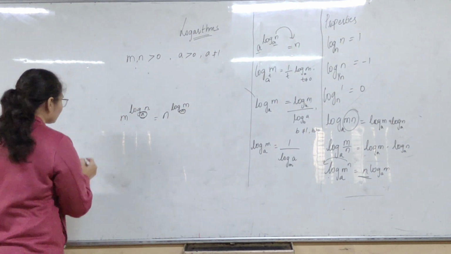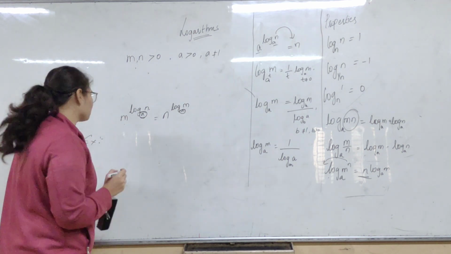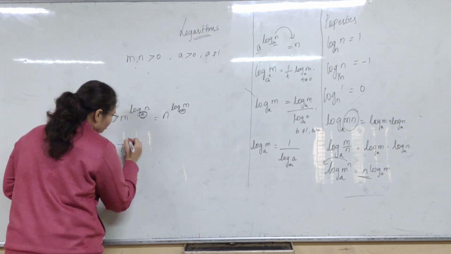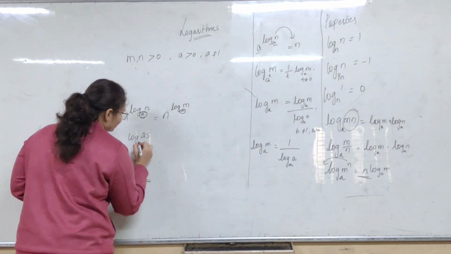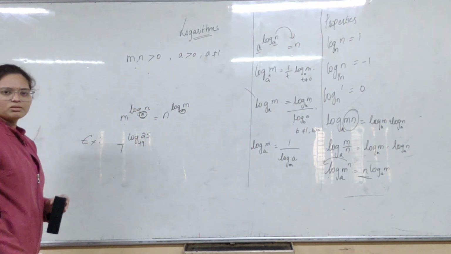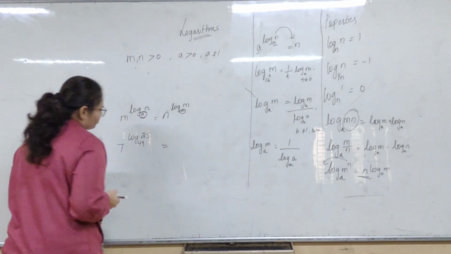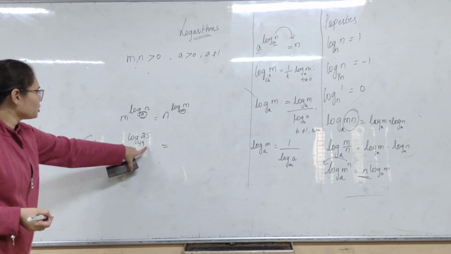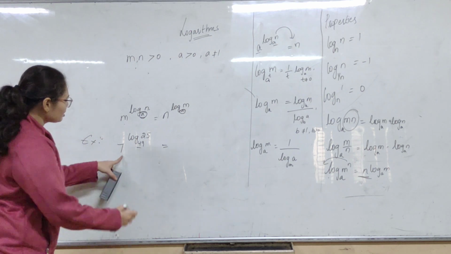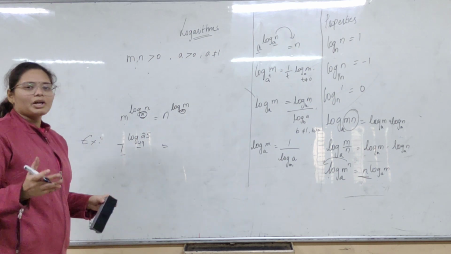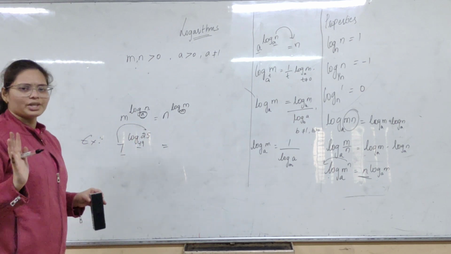Let's take an example so that you can understand better why we use this. I have 7 log 25 to the base 49. What shall I do with this? See, 49 is 7 square, and this is 7. If I shift this 7 here, it will be somewhat simplified.